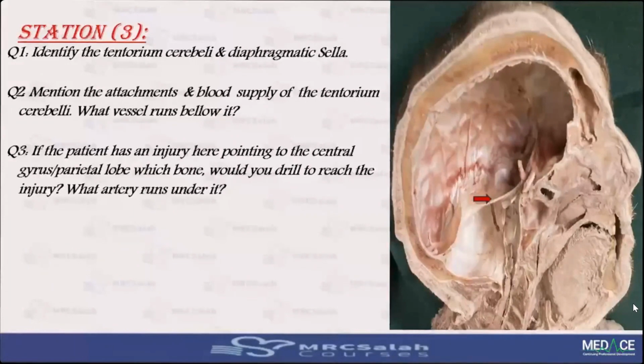And which artery runs under it? The anterior cerebral artery, or I'm not sure. Superior sagittal sinus, maybe. They need an artery, running on the parietal lobe or just below the parietal bone. Not sure.